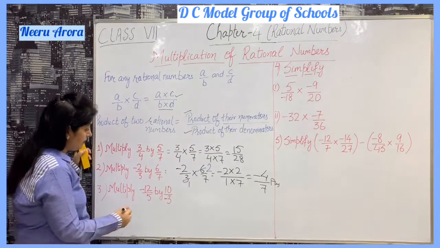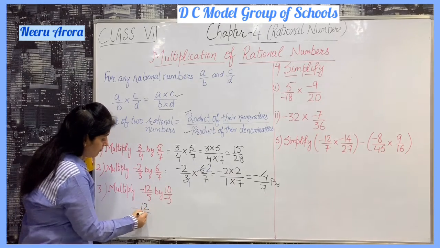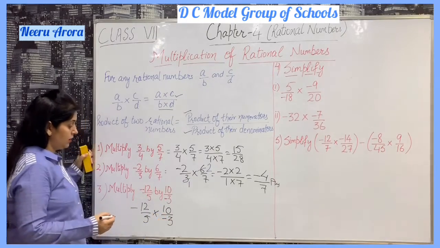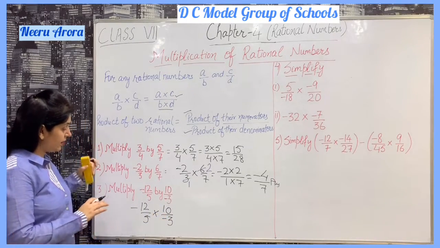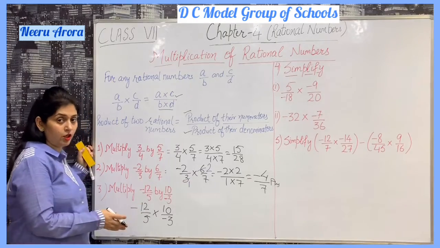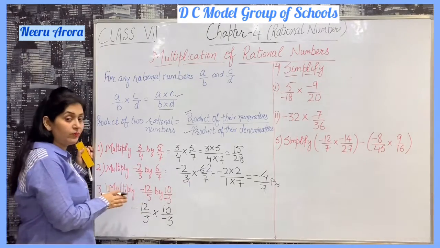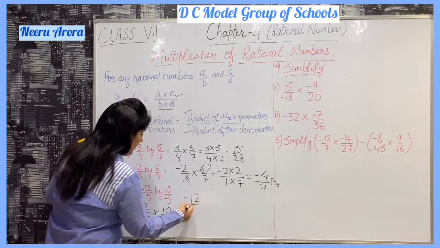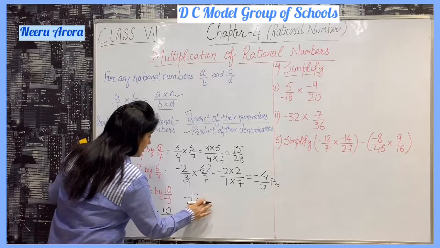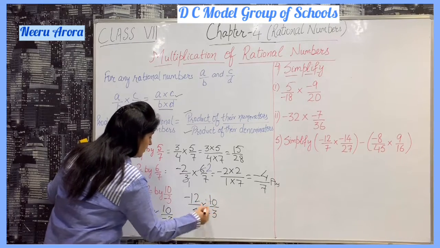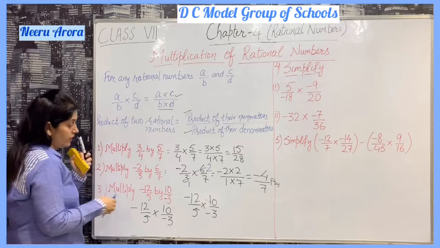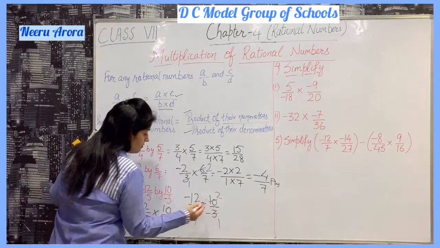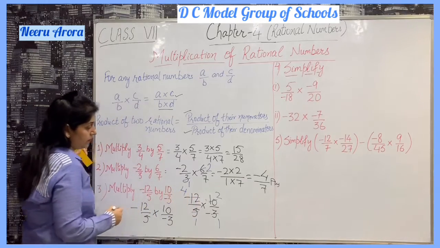Next question is multiply minus 12 by 5 by 10 by minus 3. Again we will see, is there any term that we can cancel, or any common divisor between numerator and denominator? Yes, there is. So we can cancel: 5 ones are 5, 5 twos are 10, 3 ones are 3, 3 fours are 12.